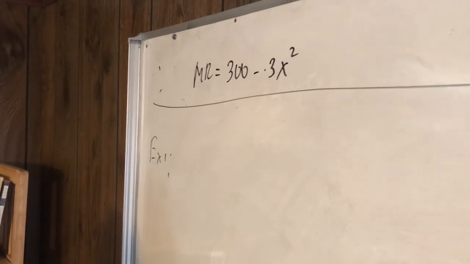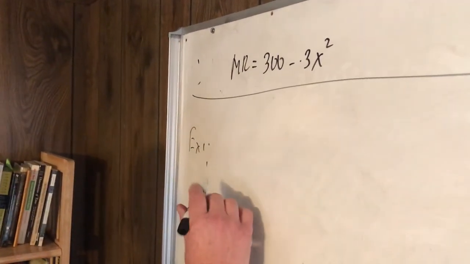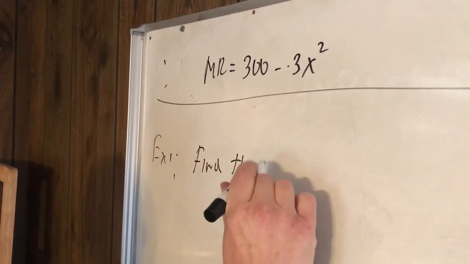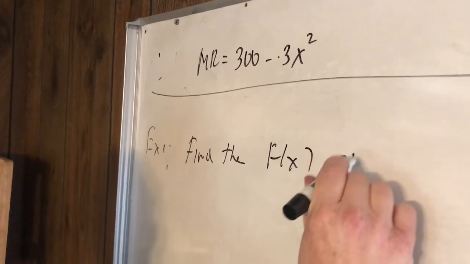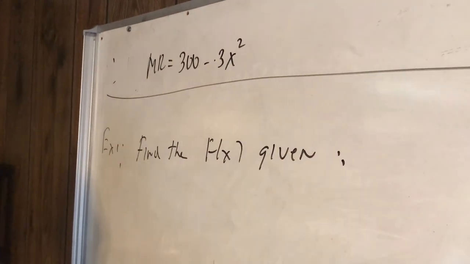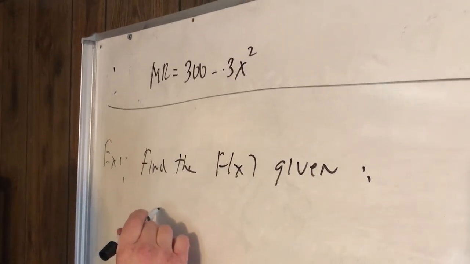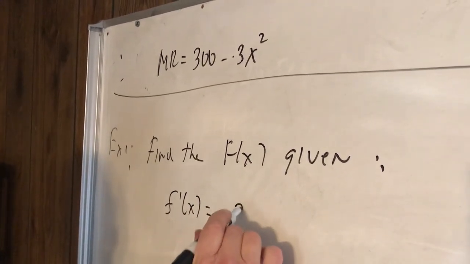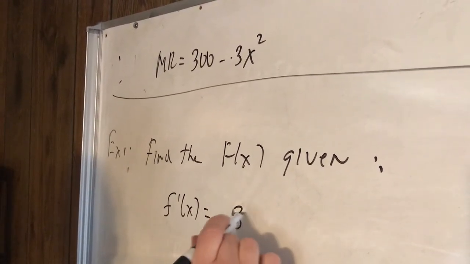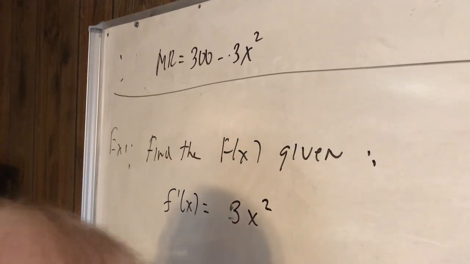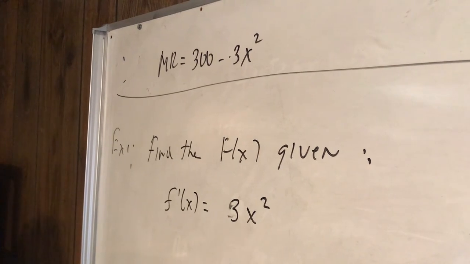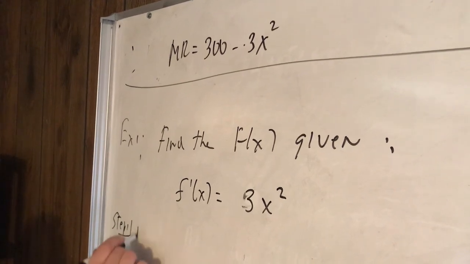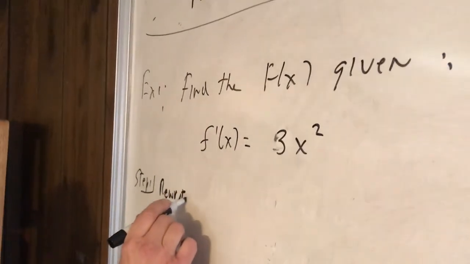So, first of all, let's say we want to find the function given the following: F prime x equals 3x squared. Well, step one, when you're starting out, rewrite this this way.